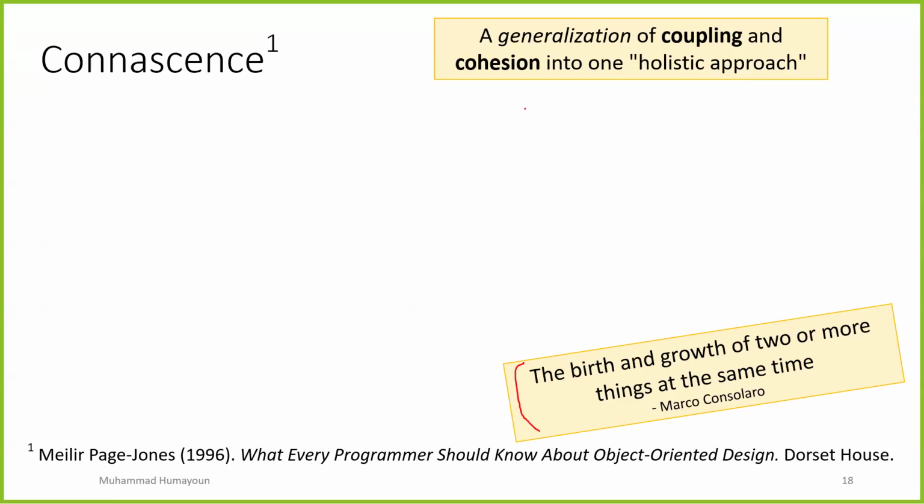But if we look at its proper definition, it is a generalization of coupling and cohesion. We learned these two measures before. Connascence generalizes coupling and cohesion into one holistic approach, and it was defined by the author in 1996 in this book.